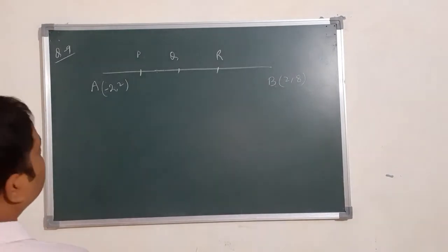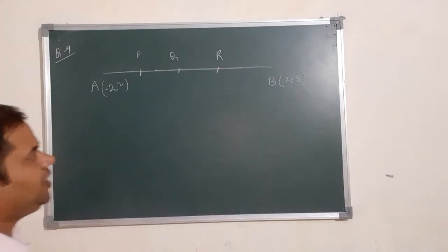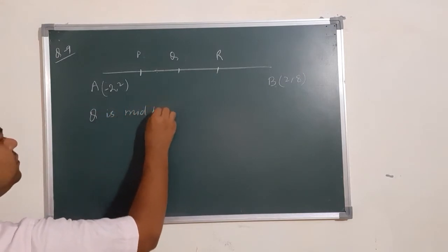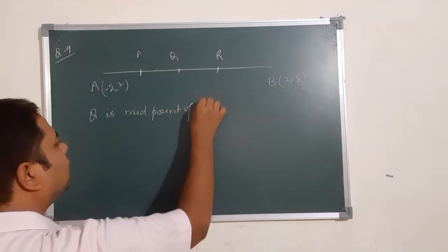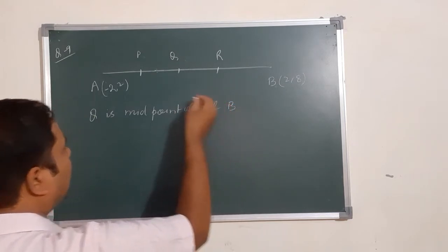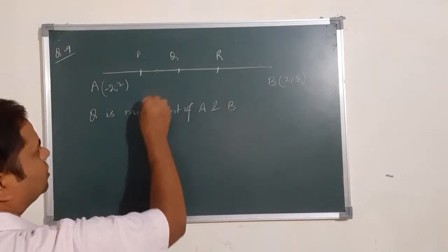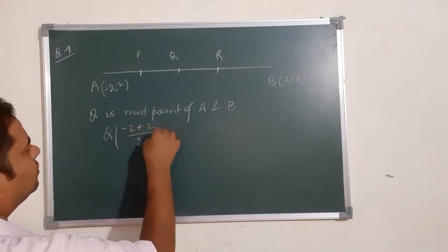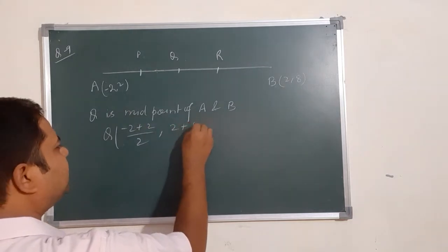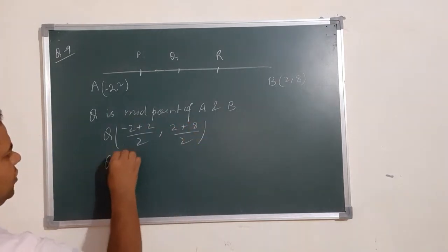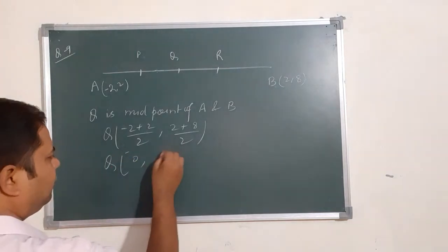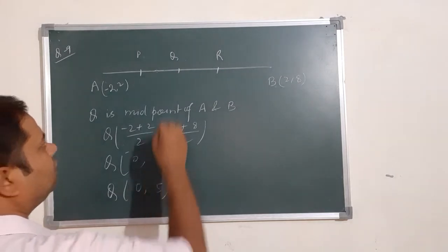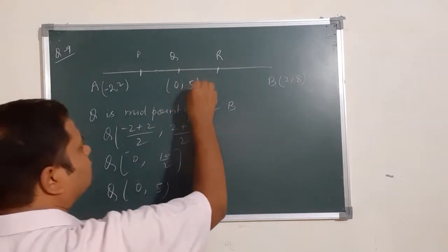If you see, Q is the midpoint of A and B. So Q is ((-2 + 2)/2, (2 + 8)/2), which is (0, 10/2), so Q is (0, 5).